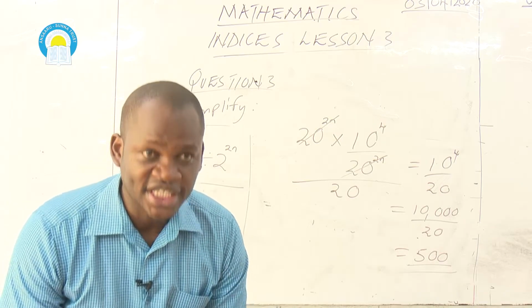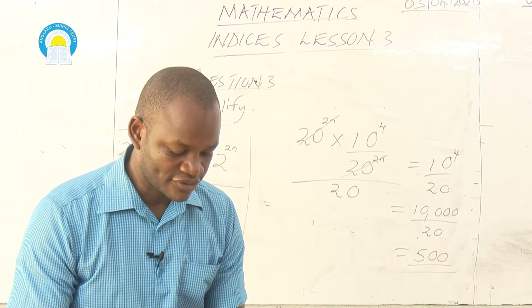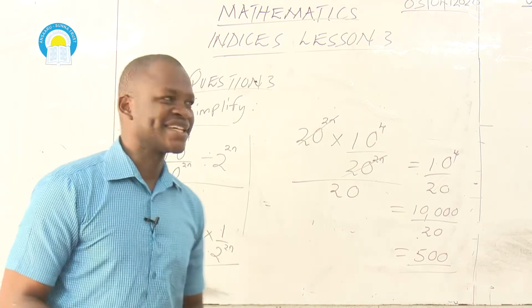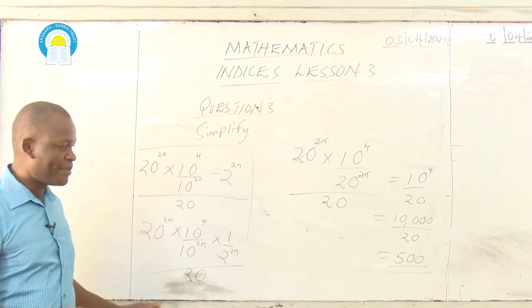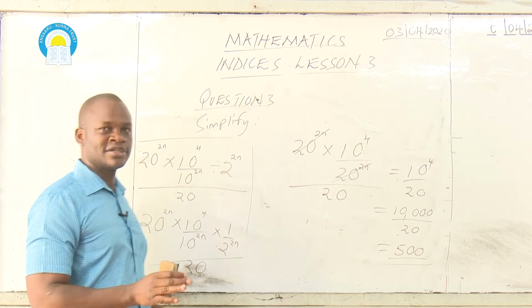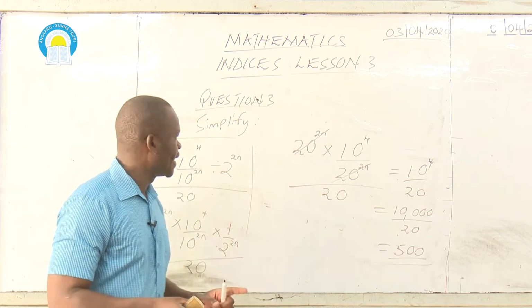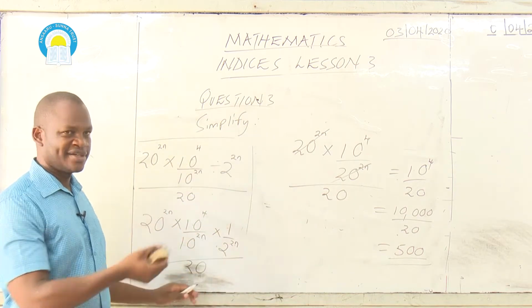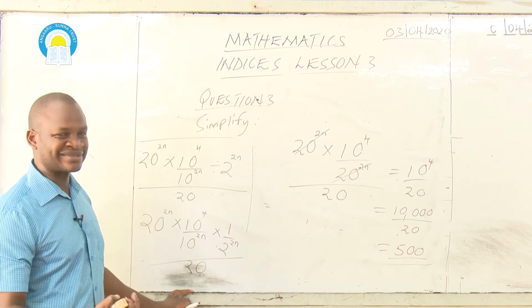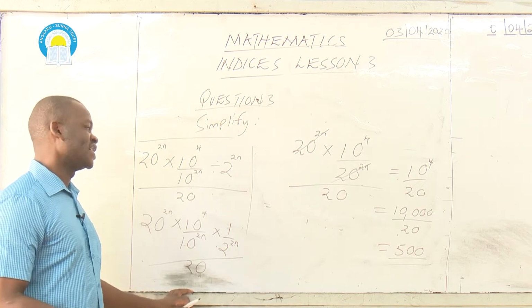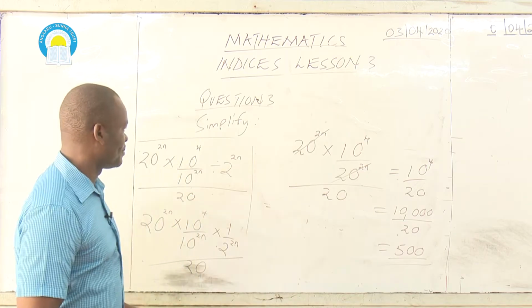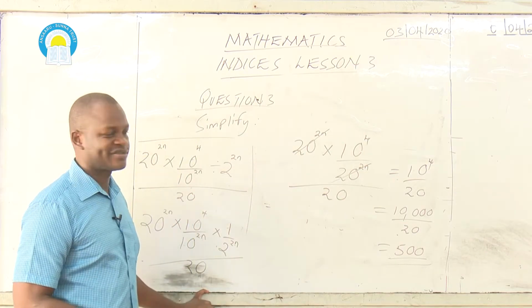Let me quickly cover the last part of this topic. The last part is called index equations. I've covered the laws of indices. We have so far covered 9 laws. I've covered some questions which have enhanced our understanding of the different laws of indices we covered in the previous 2 lessons.